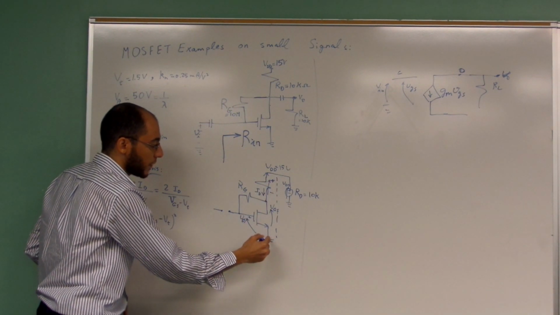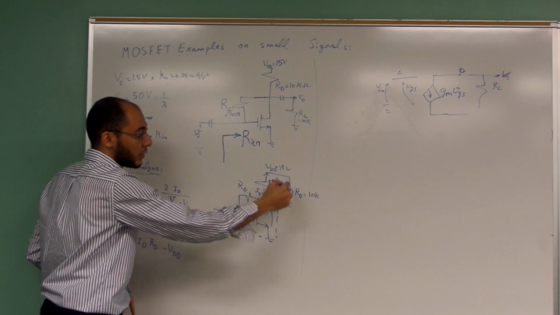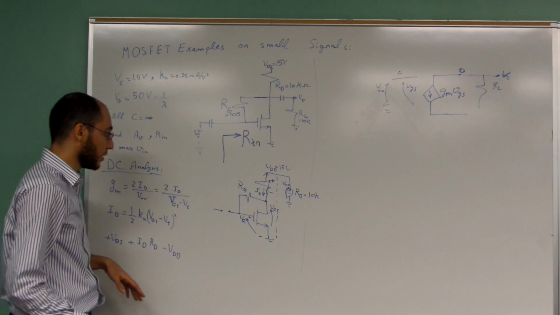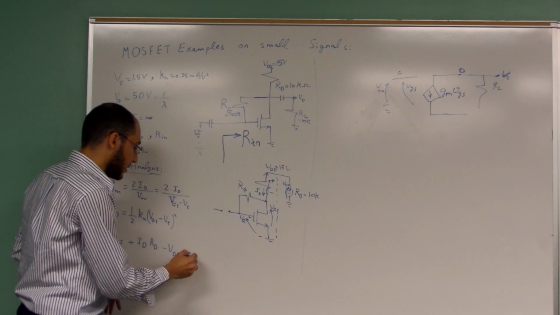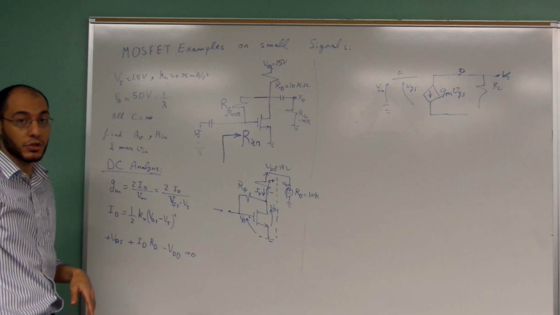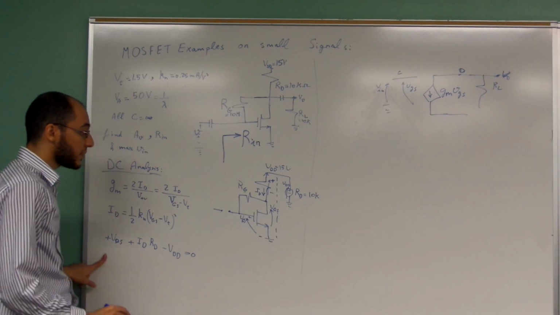I'm moving from down to top and back down again, so I'm moving in a loop. That's basically KVL, Kirchhoff voltage law. So that's minus VDD, and since I moved back to the ground, the voltages sum to 0. Again, what is the value of VDS?